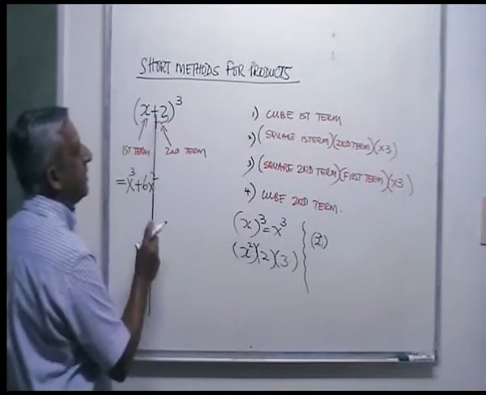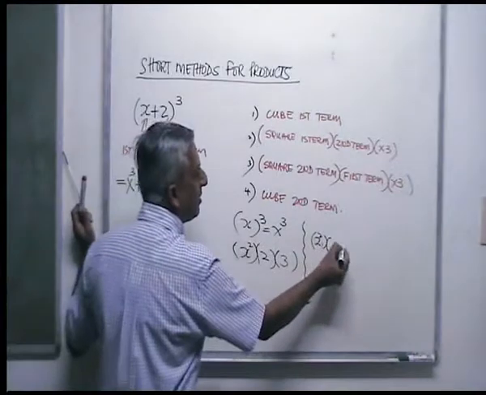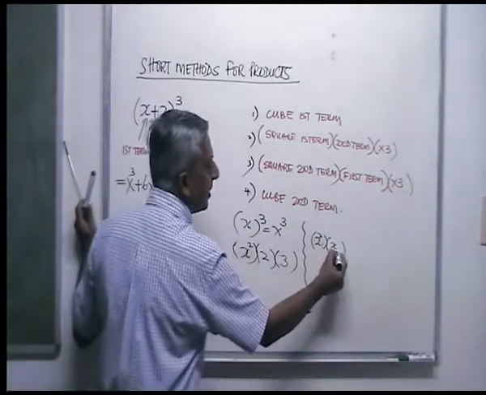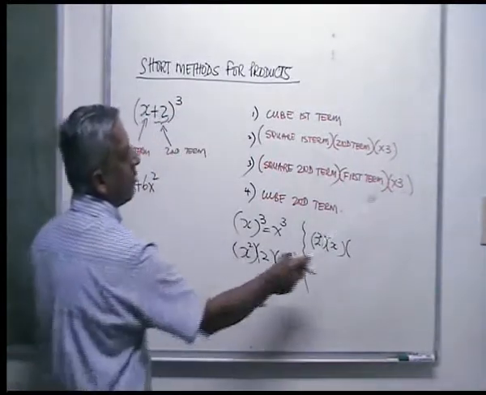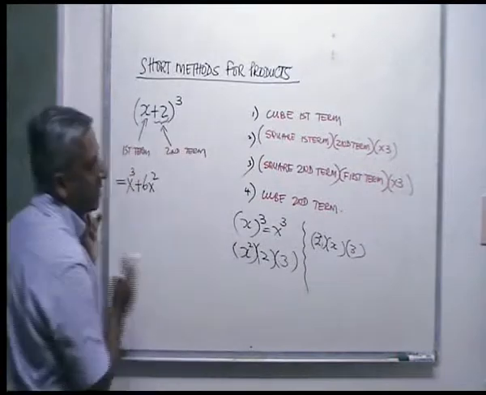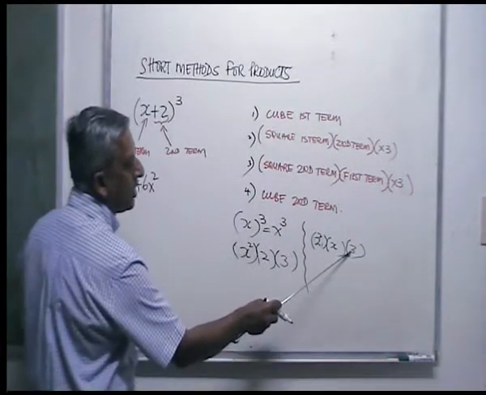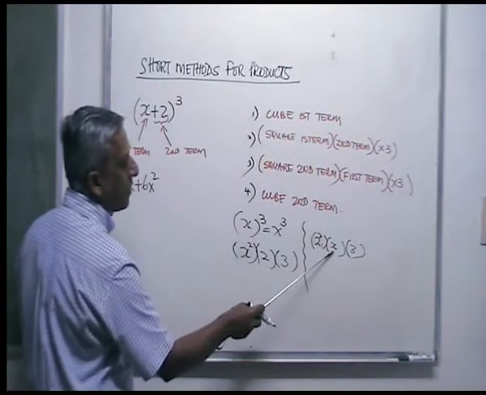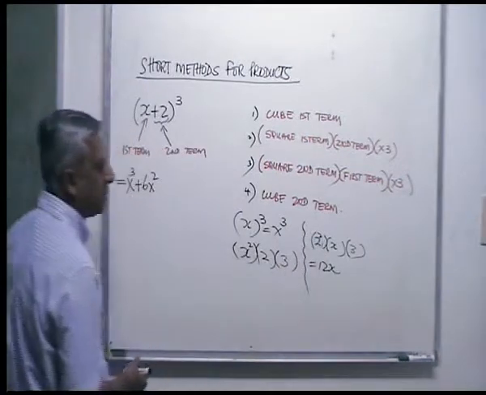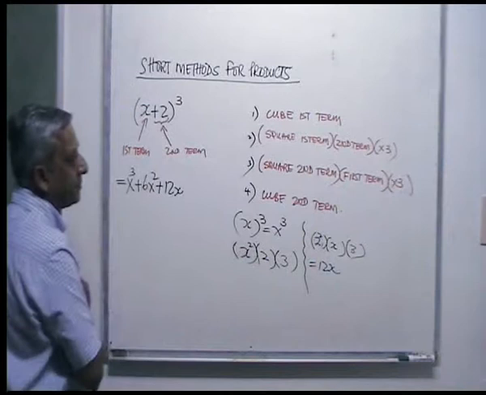Then multiply by the first term. What's the first term? x. And then multiply by 3. Now if you work that out, 2 squared is 4, 4 3s are 12, 12 times x, 12x. So plus 12x.